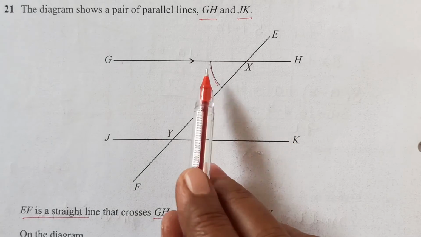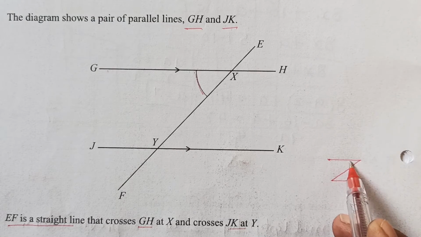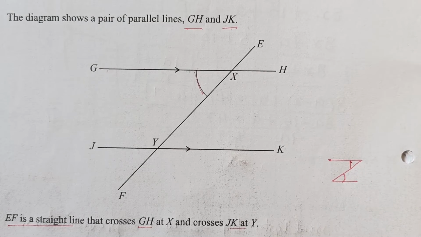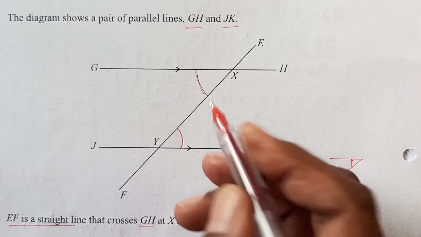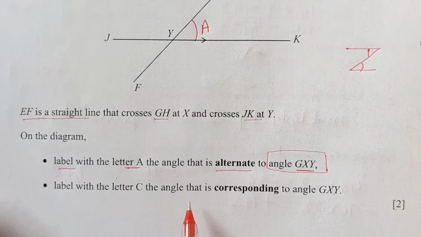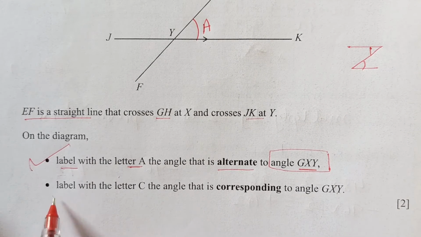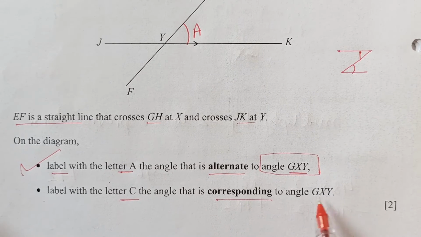And alternate. What are alternate angles? Alternate angles make a Z shape, right? If one angle is here, another one should be here, on the other side. So this is the alternate angle, we will label it as A, right? So the first part is done. Second, label with letter C the angle that is corresponding to angle GXY.